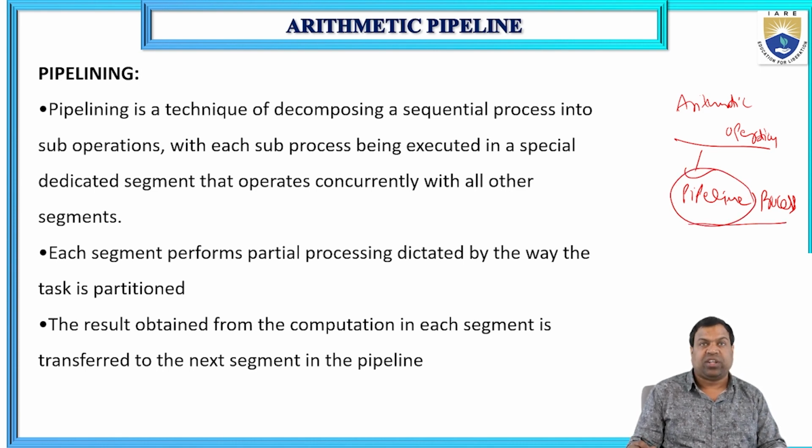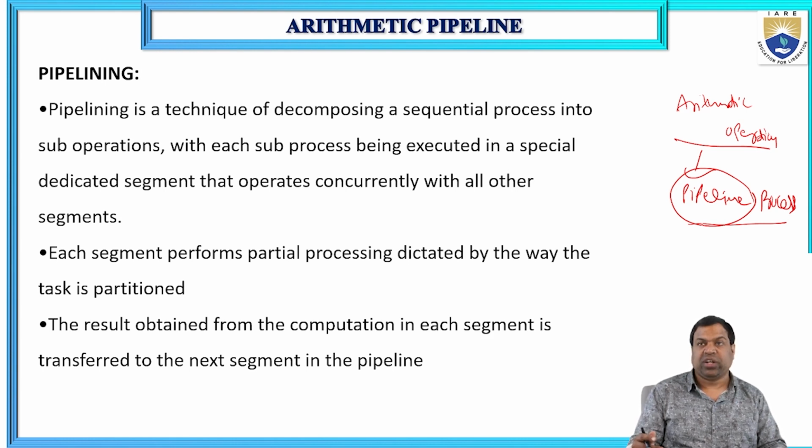Pipeline is a technique of decomposing a sequential process into sub-operations, with each sub-process being executed in a special dedicated segment that operates concurrently with all other segments. Each segment performs partial processing dictated by the way the task is partitioned. The result obtained from the computation in each segment is transferred to the next segment in the pipeline.